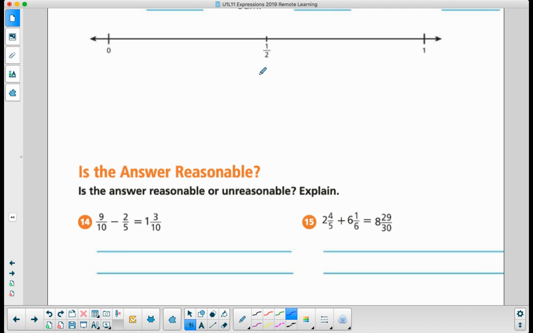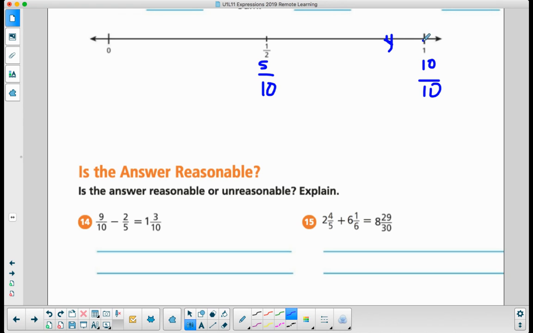9/10. Half of 10 is 5. So I have more than half, so it's somewhere in here. A whole in tenths is 10. 9/10 is right here.